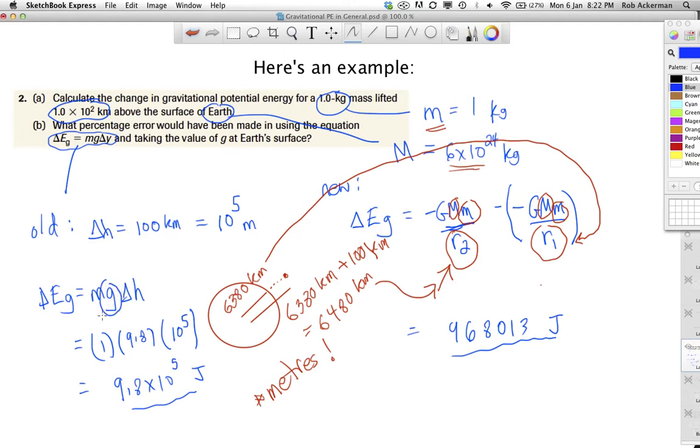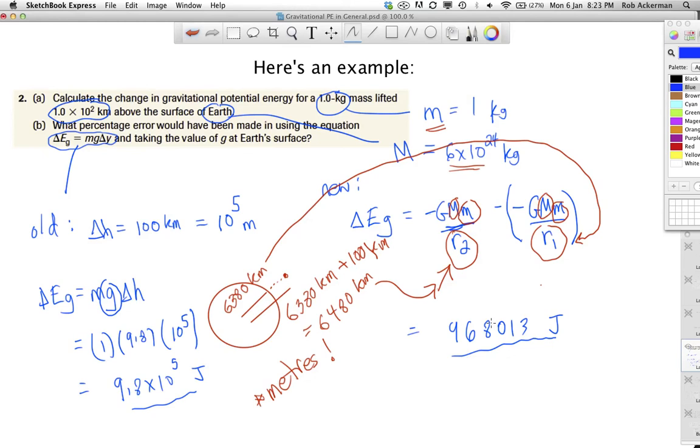So actually the work done will be less, and therefore we would expect this number to be a little bit less. Now it's not much less. After all, you're only going 100 kilometers above the surface, which in percentage terms is very, very little compared to the radius of the planet.